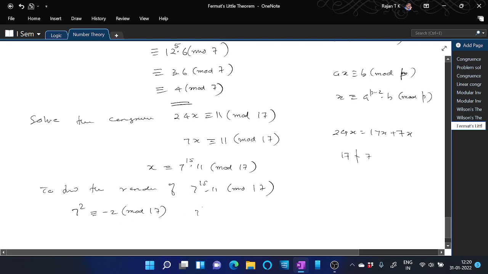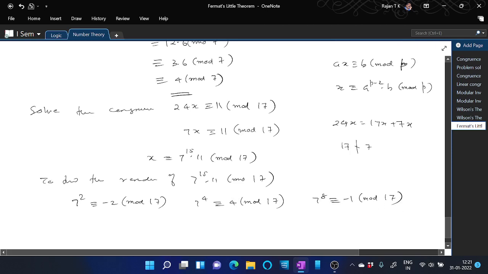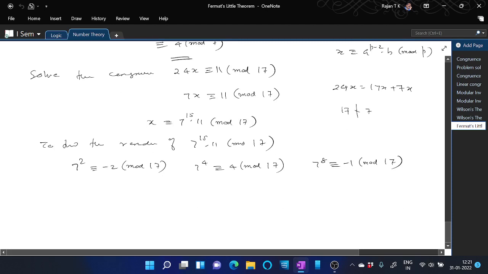Therefore, 7 raised to 4 is congruent to 4 mod 17, minus 2 square mod 17. 7 raised to 8 is congruent to again 4 square, 16, and 16 mod 17 you can write as minus 1 mod 17. So 7 square is congruent to minus 2 mod 17, 7 raised to 4 is congruent to 4 mod 17, and 7 raised to 8 is congruent to minus 1 mod 17.